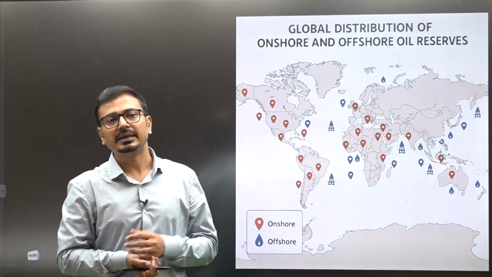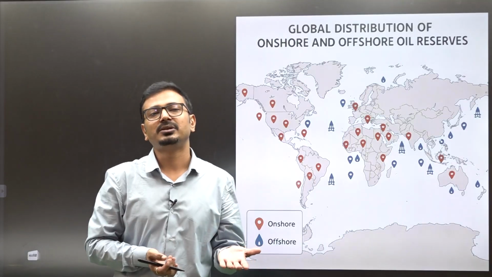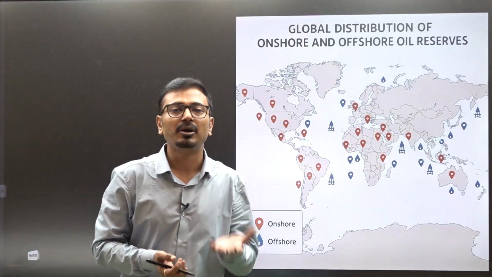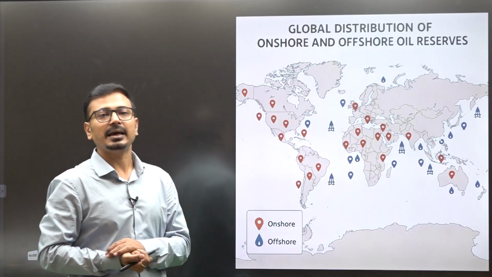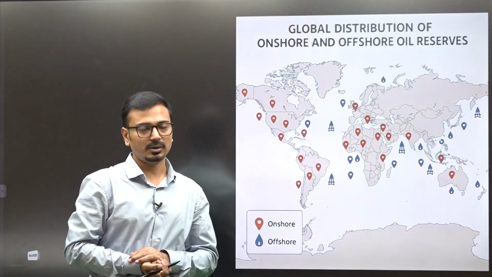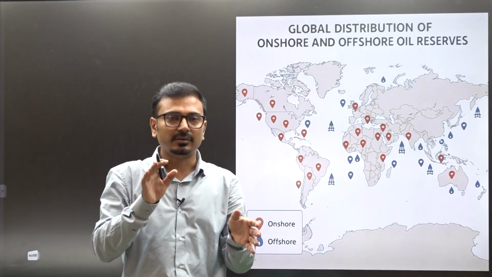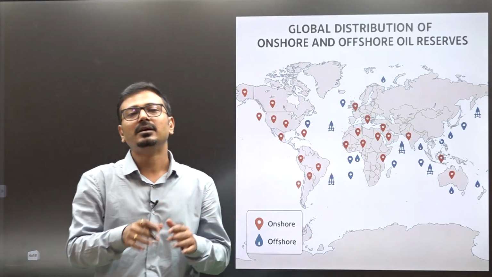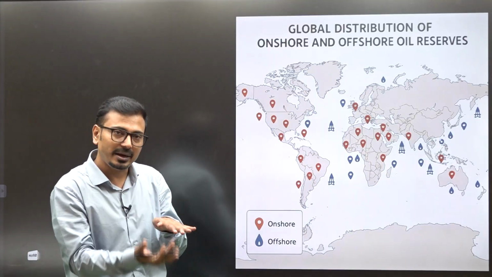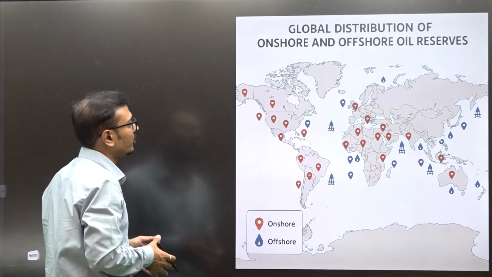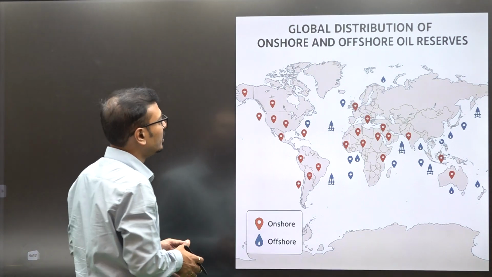So that results in many times the resources coming onshore, above the mean sea level, and they are at present onshore reserves. This is the basic difference in terms of occurrences. The question is talking about occurrences, right? And some of them remained inside the ocean. So, let's first locate the important reserves around the world.